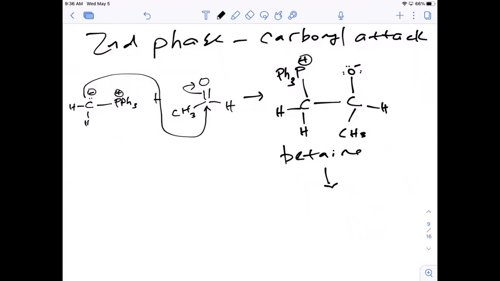So what do you think? This is the key step in the reaction, as a matter of fact. Well, one of the key steps.